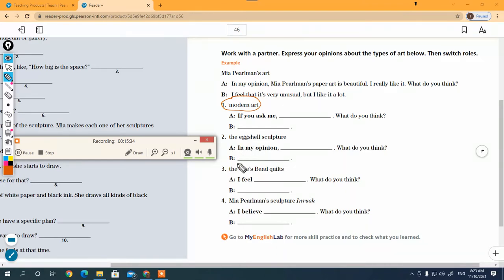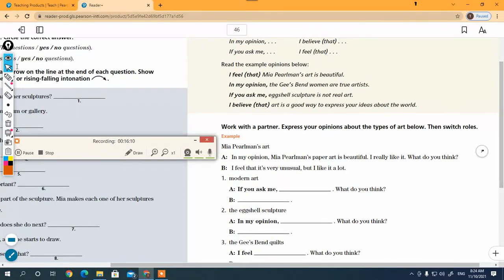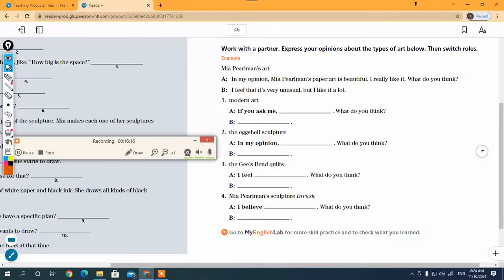So if you want to pause the video and see if you can complete these ideas with ideas like, it's great, it's incredible, it's unusual, it's strange, it's ugly, it's beautiful, it's wonderful, it's awesome, it's cool, it's fantastic. But each time you use a different expression, and the expressions are right here. So go ahead and pause the video for a moment and see if you can complete part of the dialogue.